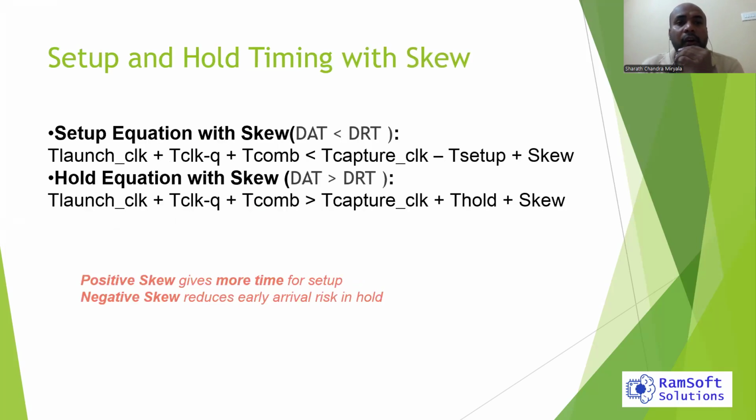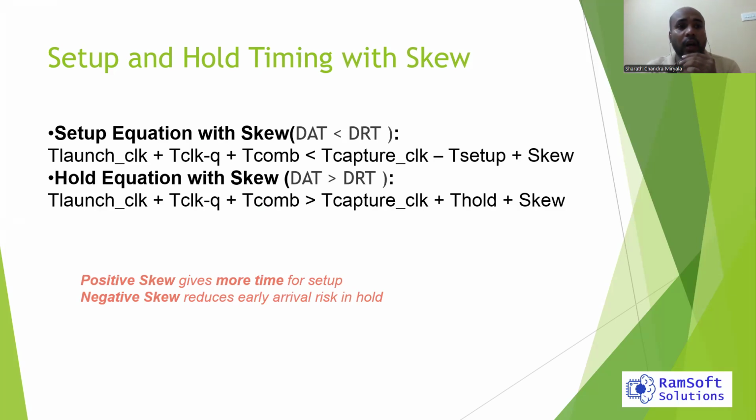Now, what modification will these equations get with the skew? Let us suppose the data arrival time is less than the data required time. AT is arrival time and RT is required time.